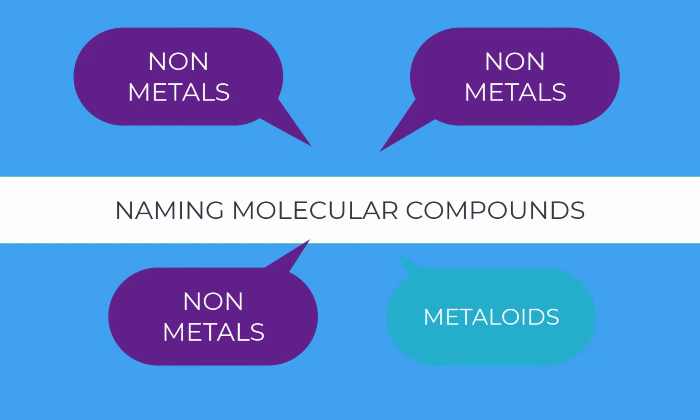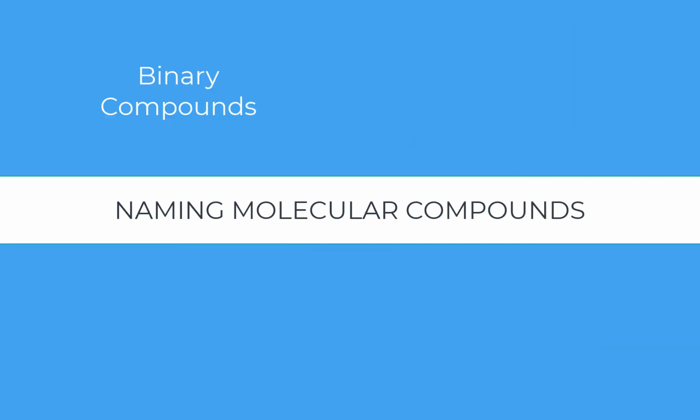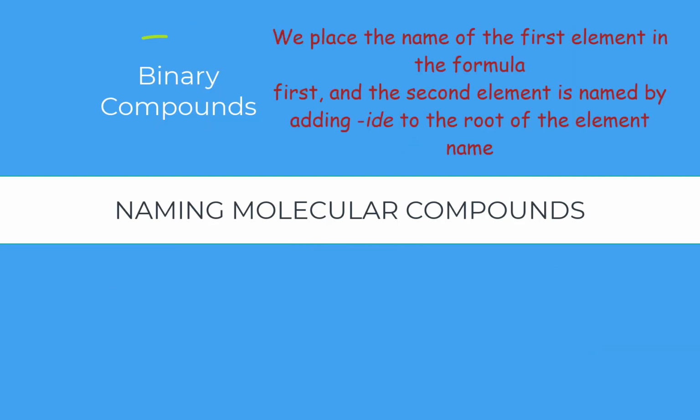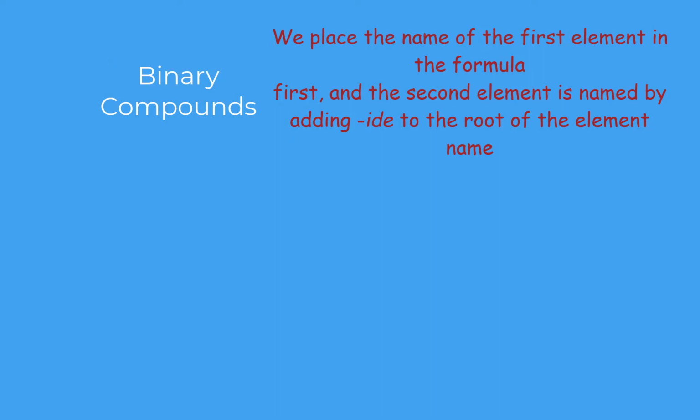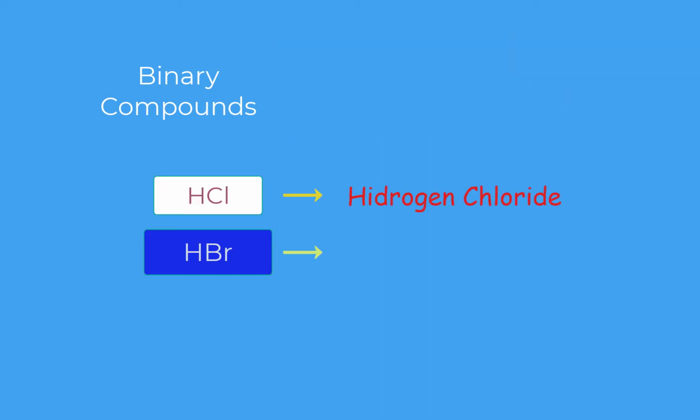Some of them are binary compounds, containing only two elements, such as HCl, which we name hydrogen chloride, HBr, hydrogen bromide, and SiC, silicon carbide.